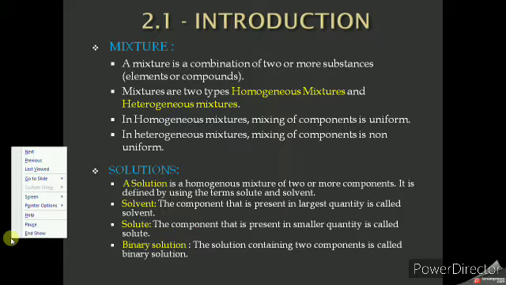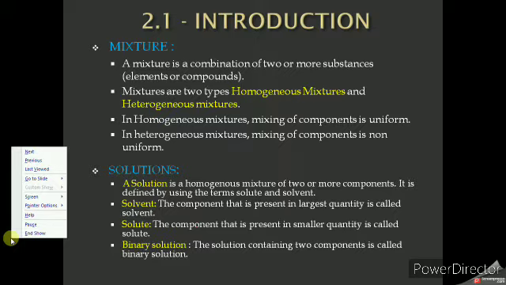The component present in the solution in large quantity, in which the other component gets dissolved. And the dissolved substance or component which is present in small quantity, which gets dissolved in the large quantity of solvent, that is called solute.